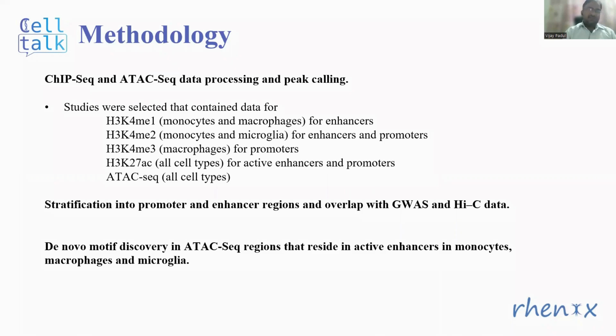Next, they do de novo motif discovery in ATAC-seq regions that reside in the active enhancers in monocytes, macrophages, and microglia. So these myeloid cells have their active enhancer regions, and that is exactly where the transcription factors or different controlling proteins are binding. Those particular motifs were identified in the ATAC-seq regions.